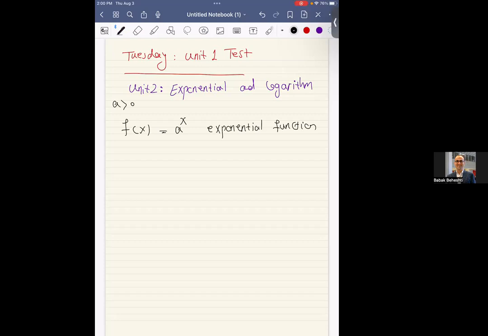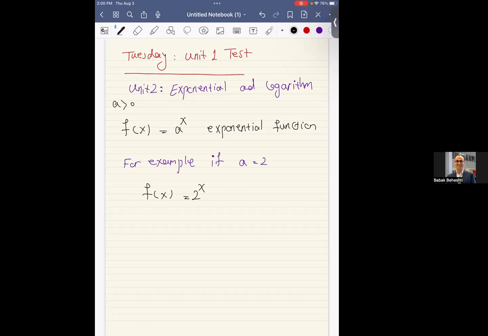For example, if a equals 2, you get f of x equal to 2 to the power x.